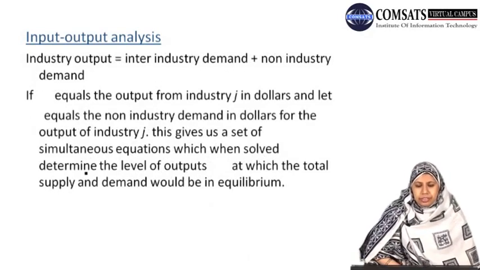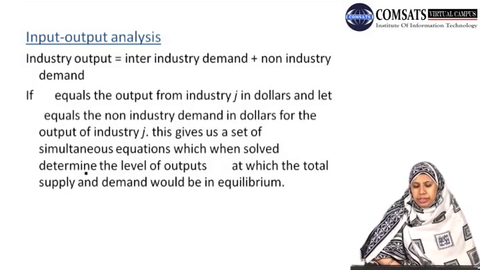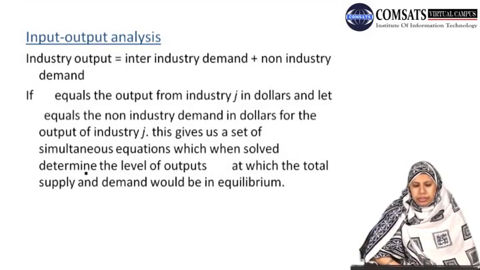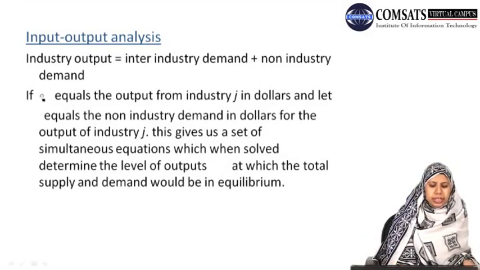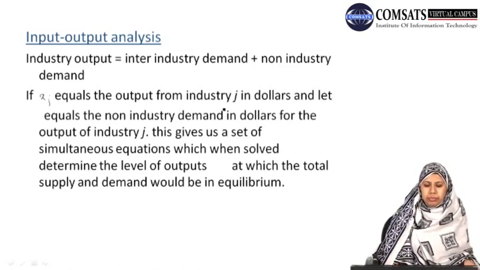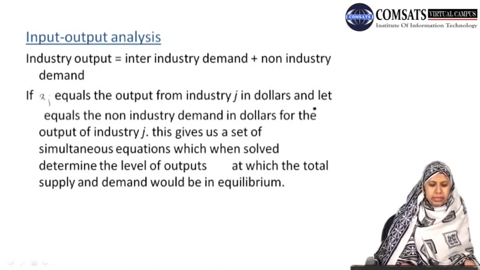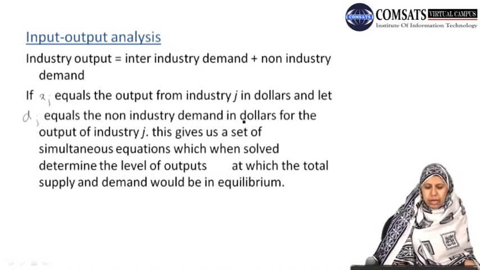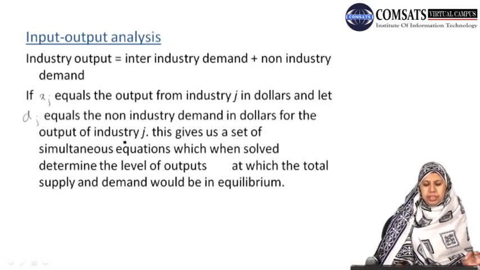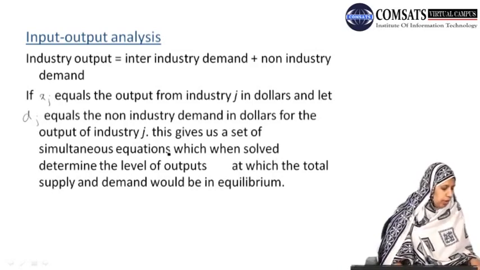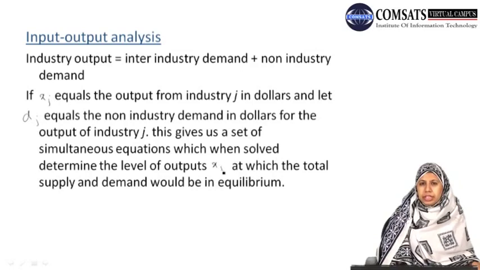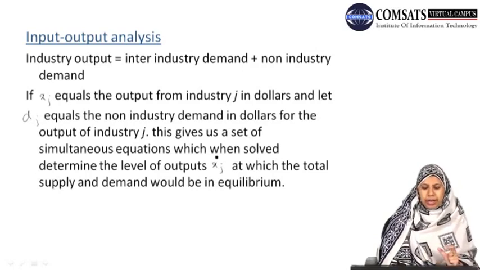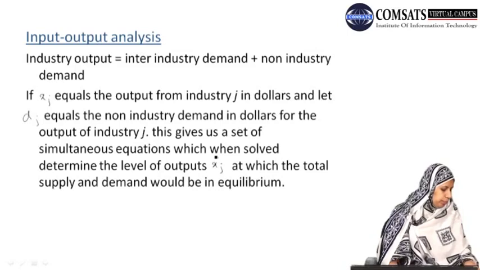Now, the industry output depends upon the two types of demands, that is inter-industry demand and non-industry demand. Now, if Xj equals the output from industry j in dollars, and Dj equals the non-industry demand in dollars for the output of industry j, then this gives us a set of simultaneous equations which, when solved, determine the level of outputs Xj at which the total supply and demand would be in equilibrium.